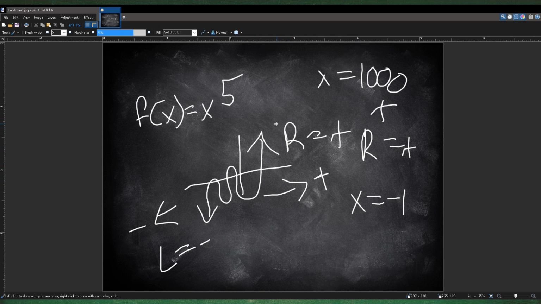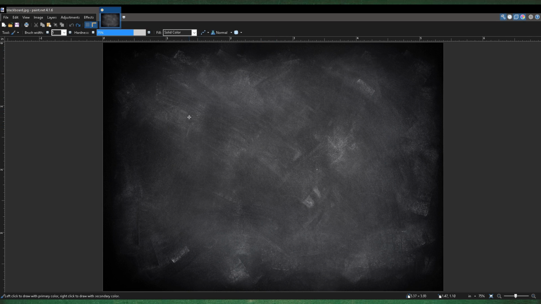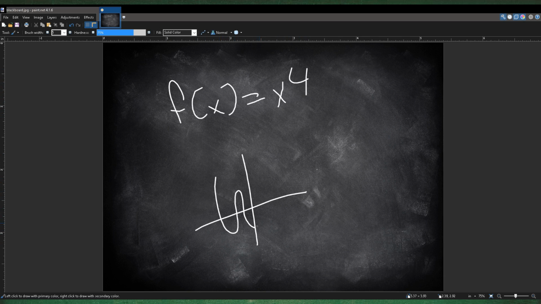And now that's only for odds. So let's do a case for evens. So we have f of x is equal to x to the power of 4. So a graph would look something like this. It's not the correct graph, but it will be something similar.